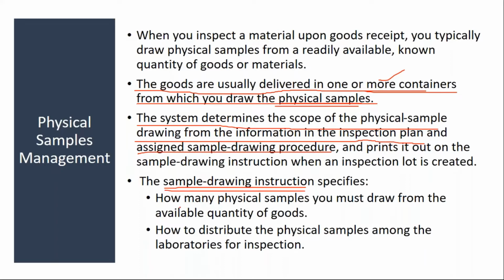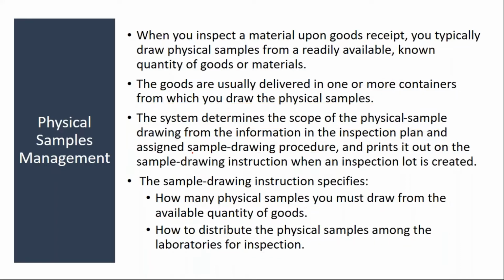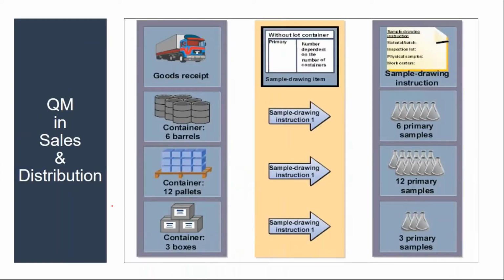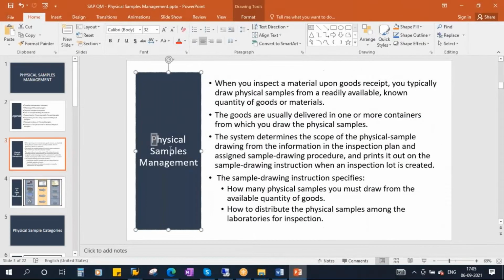In that, you will maintain how many physical samples you must draw from the available quantity of goods, and how to distribute the physical samples among the laboratories for inspection.